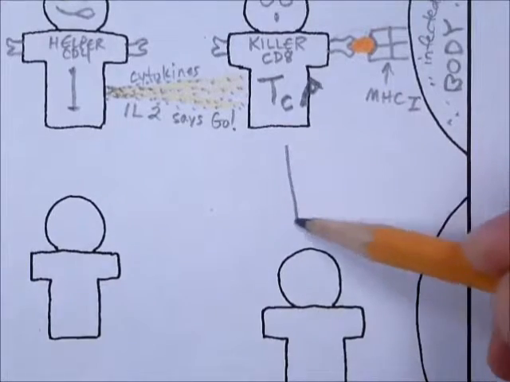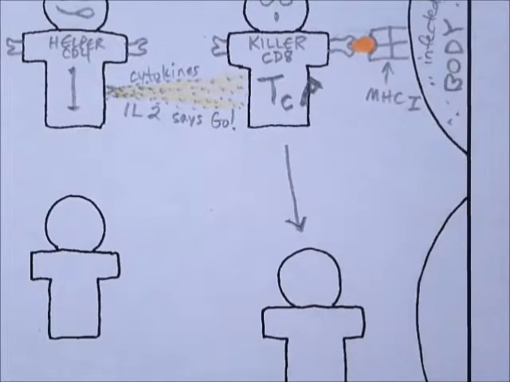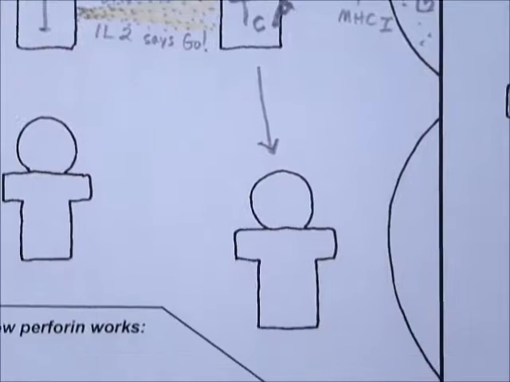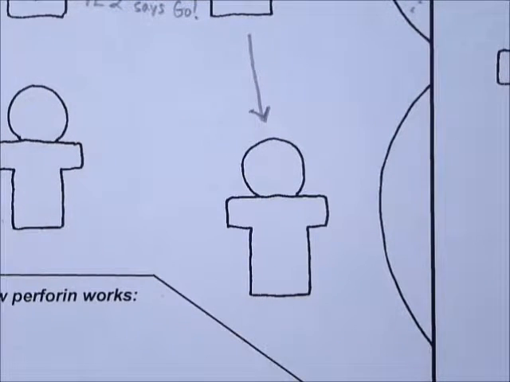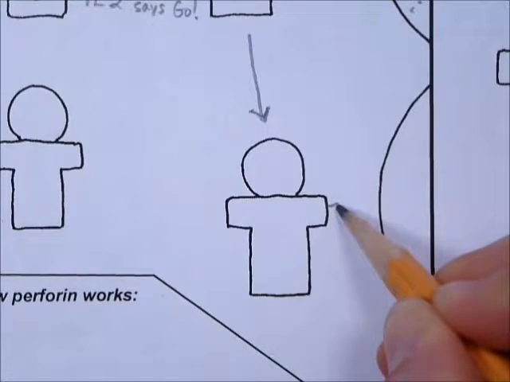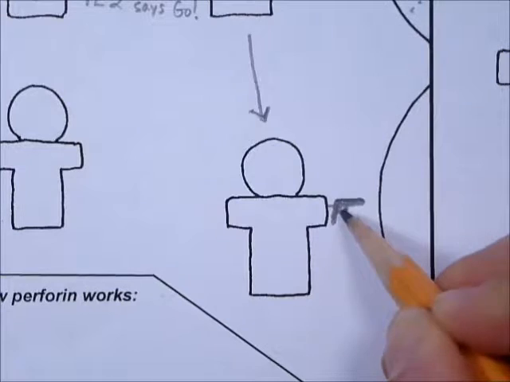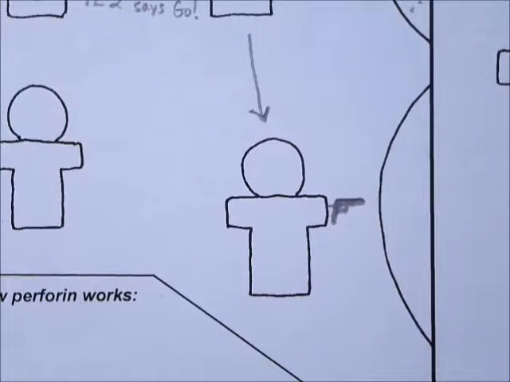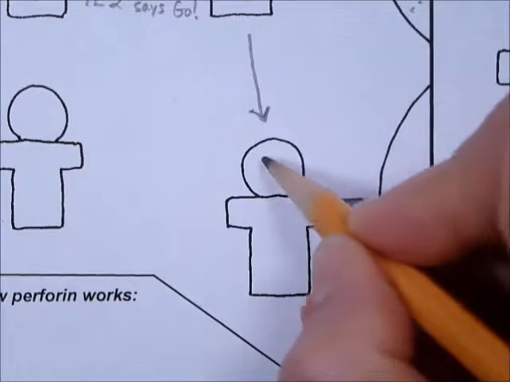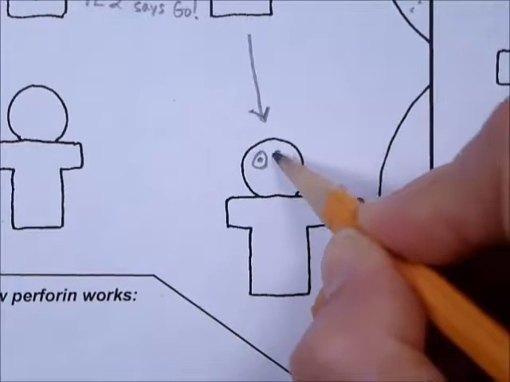What happens is that he turns into an active killer and put his little gun in his hand. Now, of course, it's not really a gun. What it is is little granules filled with perforin, and they just release the granule, just like a mast cell releases its granules. It would just release these.